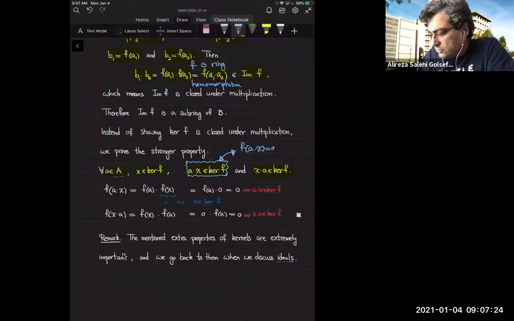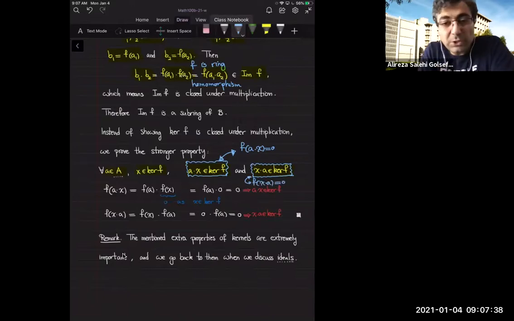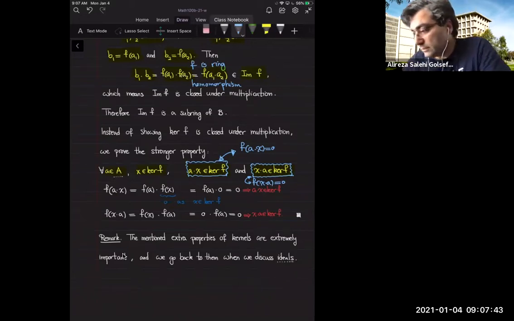And this is true, similarly, if value of F at X times A is 0. So I need to check if these equalities are true or not. So I focus on these equalities.